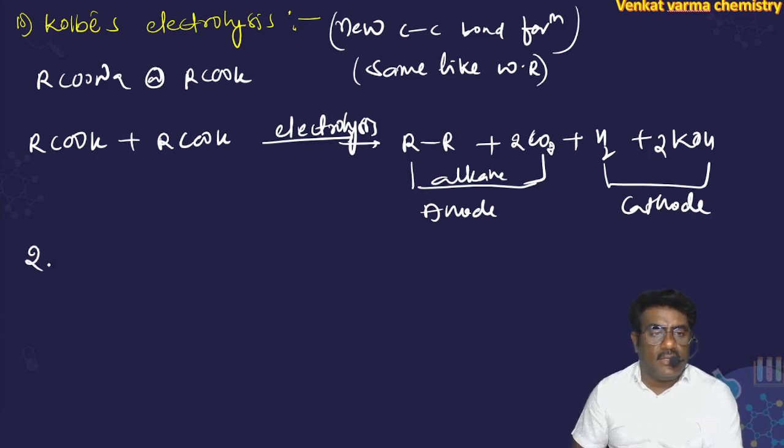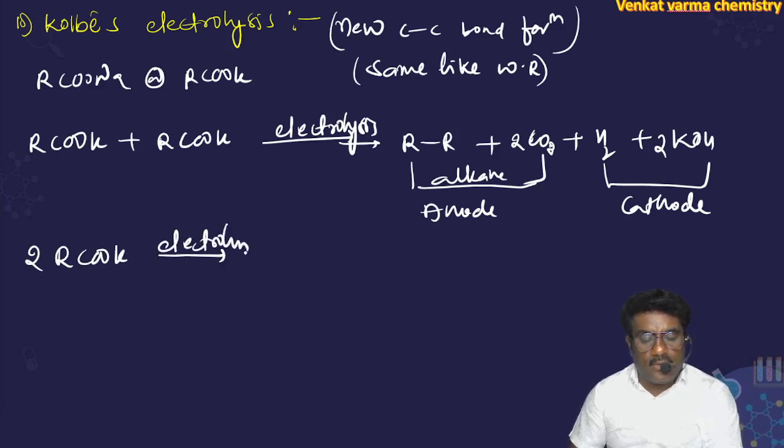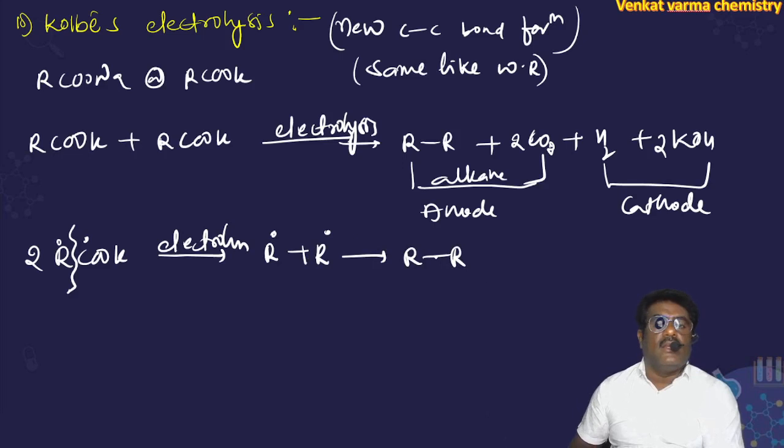If I am taking the potassium salt of a carboxylate, electrolysis is very simple: bond breaking forms a free radical, and the alkyl free radicals combine to form an alkane.